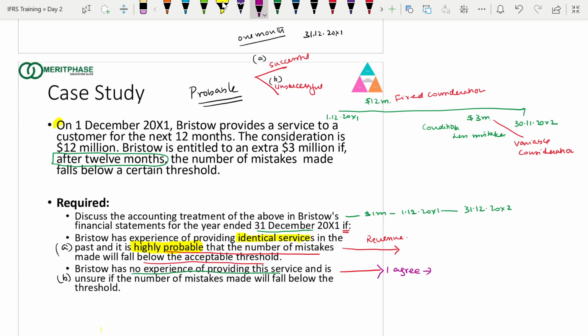Then what will be the value? 1 million only. Everybody agreed with this? Yes. Next, what is point A?